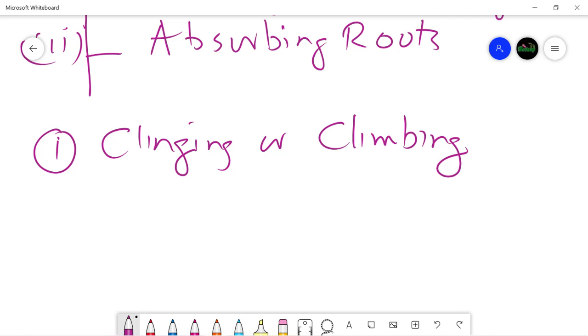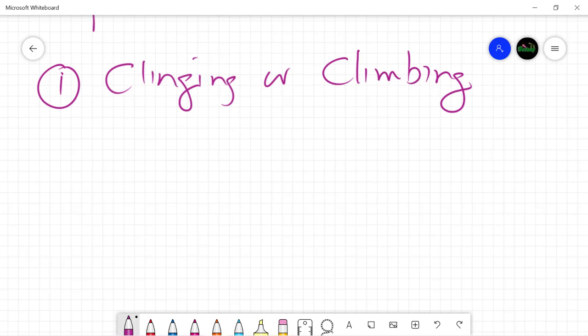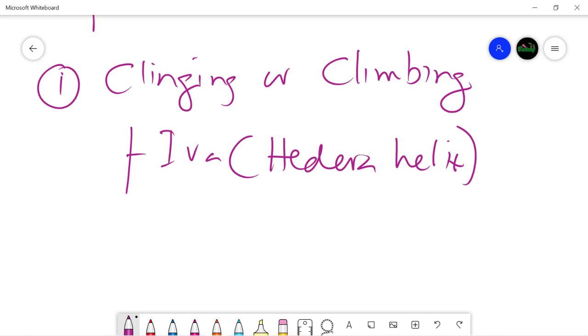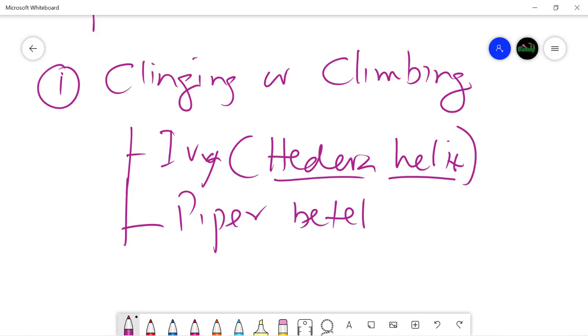So they produce these roots which are known as clinging or climbing roots. The examples of such plants are Ivy, Hedera helix, and Piper betel, also known as betel, and the long pepper, and also many other climbing plants.